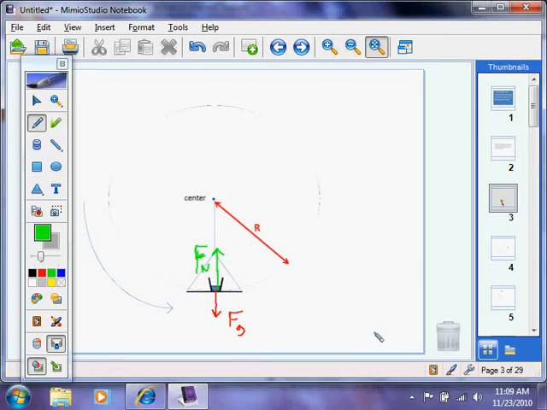So you have the downward weight force, and you have the upward normal force.